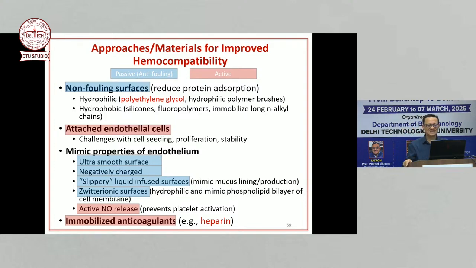But there are challenges with cell seeding, proliferation, stability, because imagine a stent, and I'm not a surgeon, but you can imagine, you know how stents are deployed in the body? Okay, so we will talk about stents later. We cannot watch a video, but what they do is, let's say there is a guide wire.